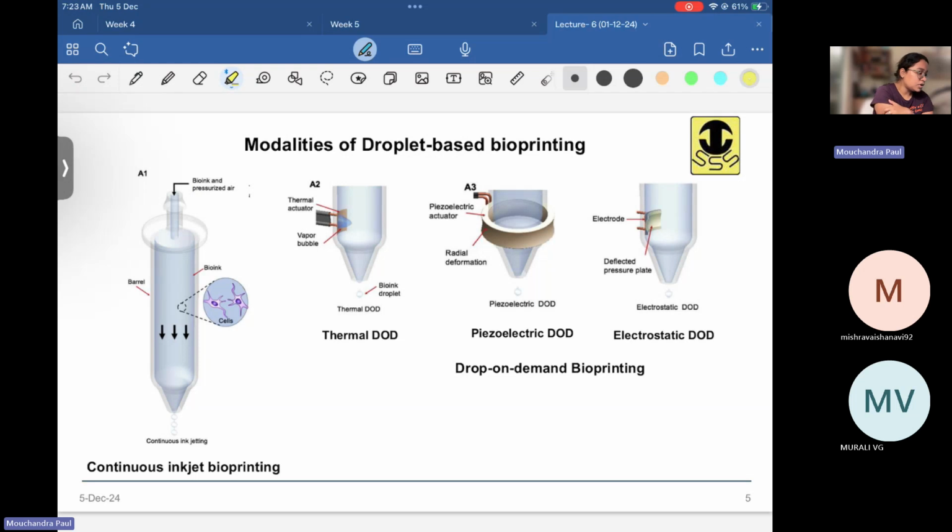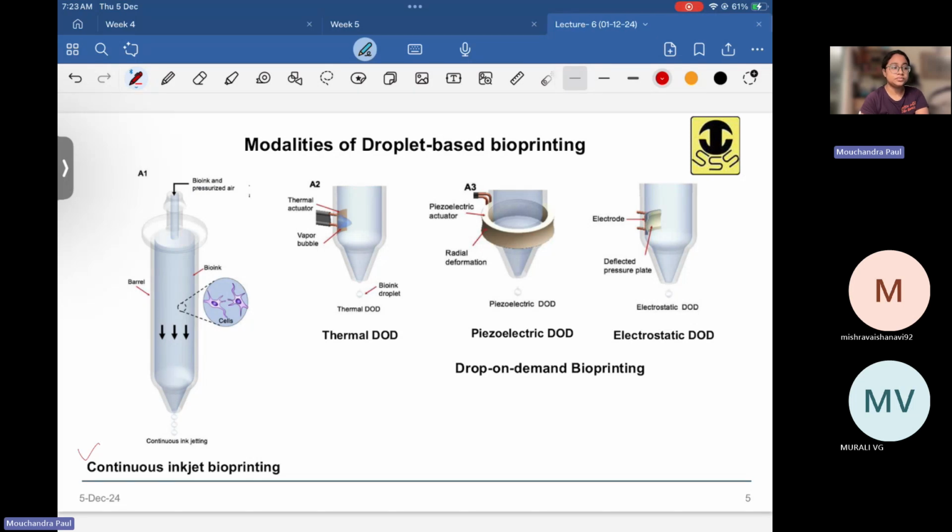So when we are talking about inkjet, the first thing that should come to our mind is that there is a nozzle at the tip of the printer cartridge or fluid holding chamber, whatever you call it. And from the tip of the nozzle, drops are coming out.